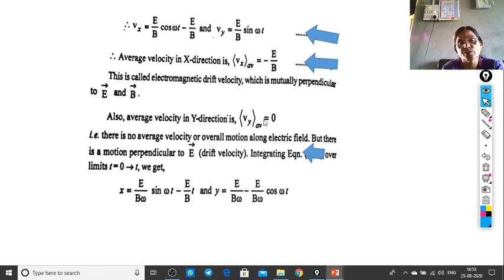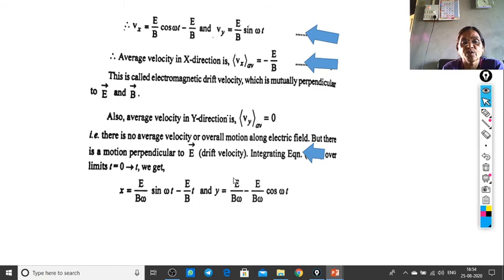Since the average velocity of that charged particle along the y direction is 0 and along the x direction is this, it drifts along the x direction. It will be clear from these two equations. There is no overall motion along the electric field. Hence, there is a motion perpendicular to E bar, that is drift velocity.